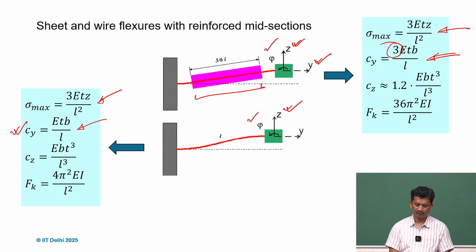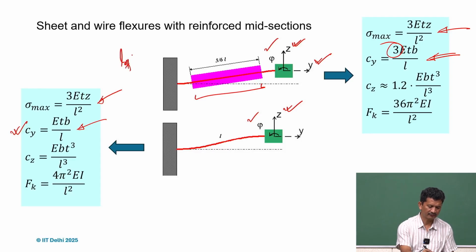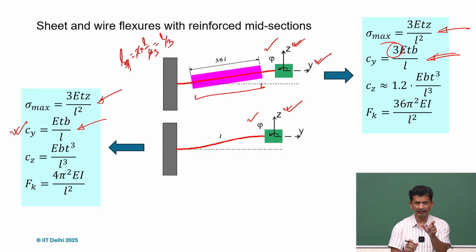If we look at it closely, the effective length in this case is actually 1 by 6 L and 1 by 6 L, so 2 times L by 6, which is L by 3. So the effective length, the compliant part, is only L by 3.